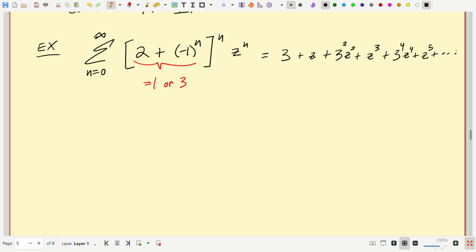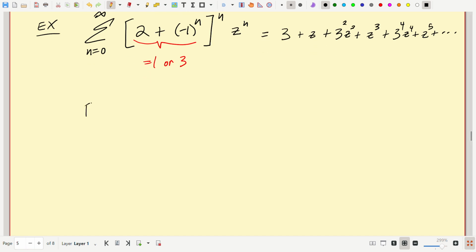So you can pull them apart actually. You get the sum of 3 to the n, z to the n, when n is even, plus the sum of z to the n when n is odd.